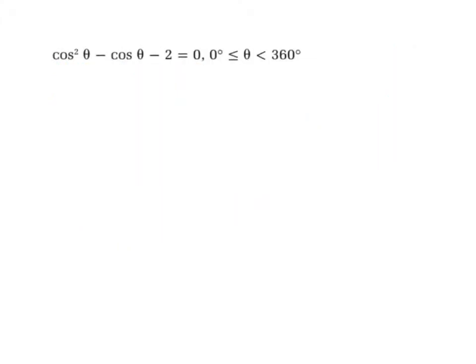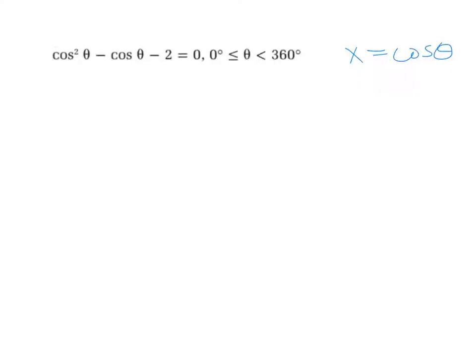This is a little bit trickier because the equation to start with is a little more complex. So I think we will do that substitution. I'm going to say x is equal to cosine theta again. If I say x is equal to cosine theta, what do I replace the cosine squared theta with? X squared.